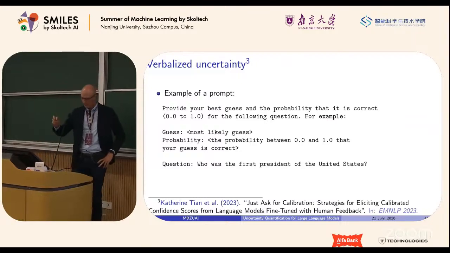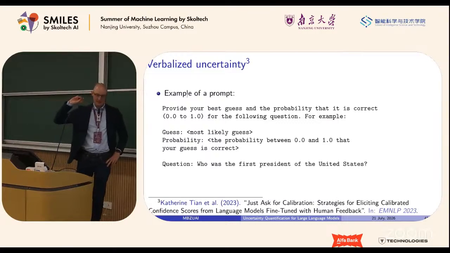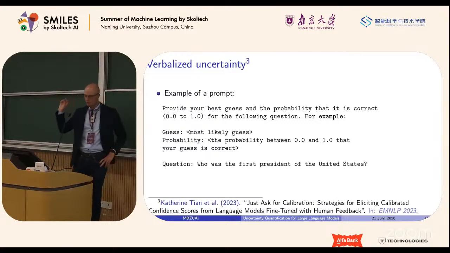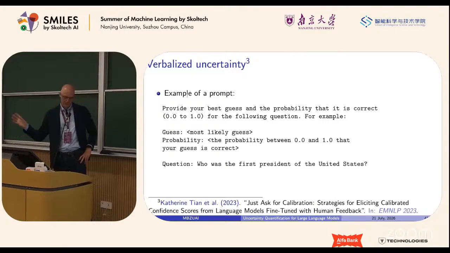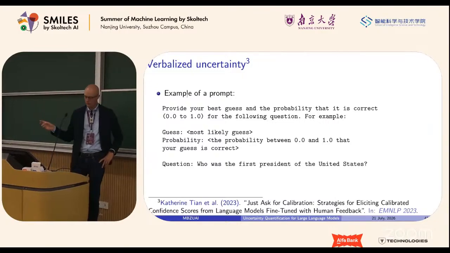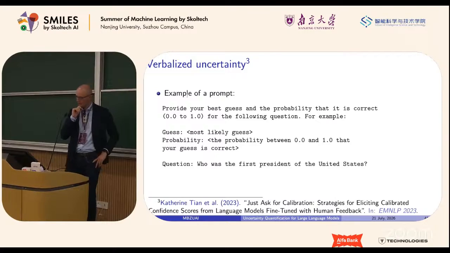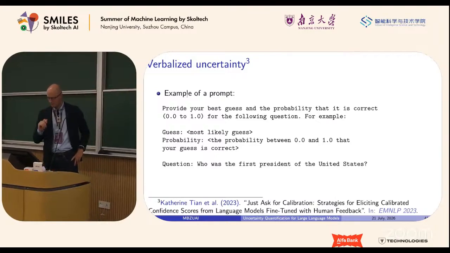So once again, verbalized uncertainty kind of works, but usually it's way worse than anything that I will discuss later. You need certain post-training of your model to make this work. And third, it's very, very overconfident.